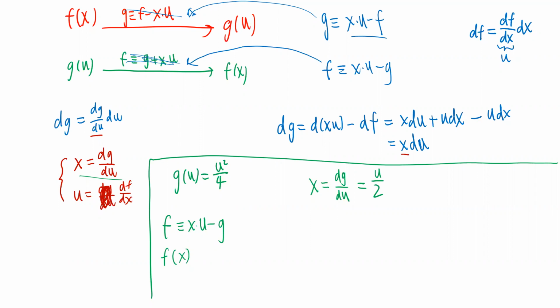So therefore, u is 2x. And f can now be written as x times u, which is x times 2x, minus g. g is u squared divided by 4, which is (2x) squared divided by 4.